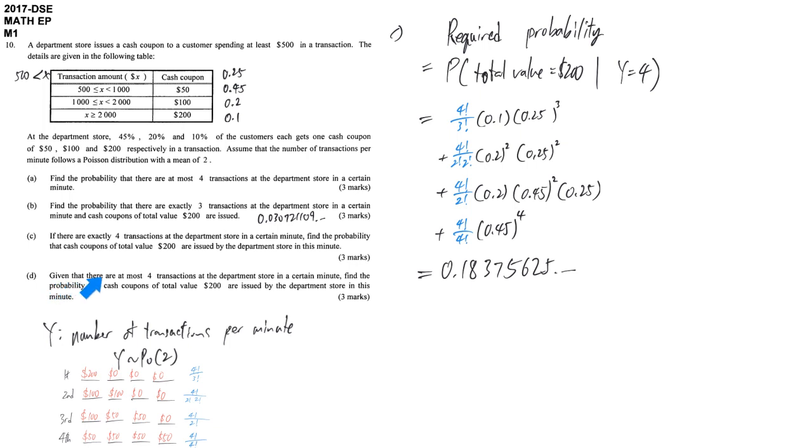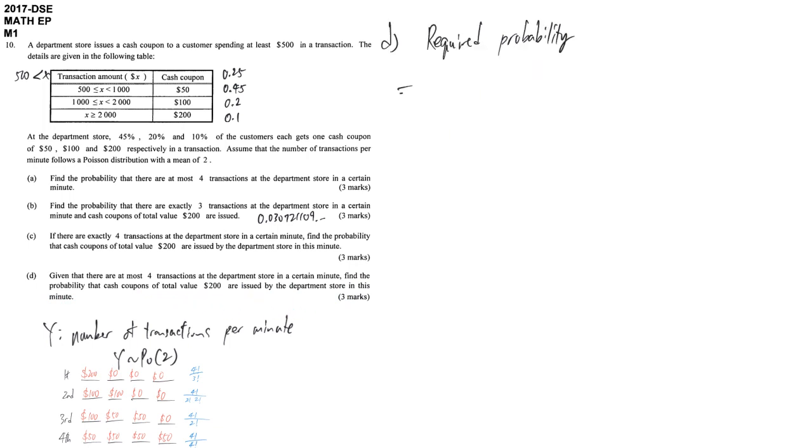Finally, they are asking for a conditional probability, given that there are at most 4 transactions. In this situation, find the probability that the cash coupons of total value 200 are issued. The conditional probability is equal to the probability of the case, divided by the probability of the given case.